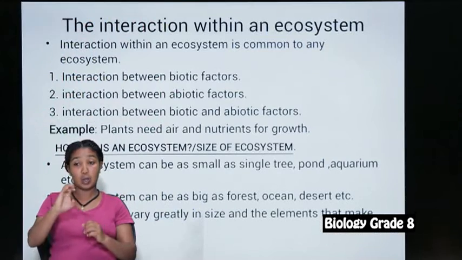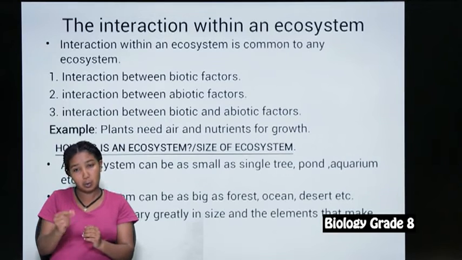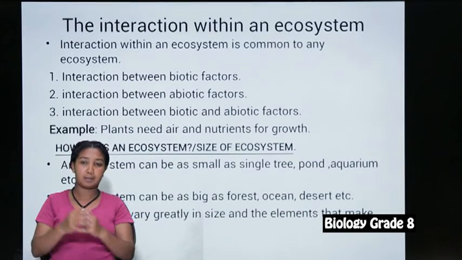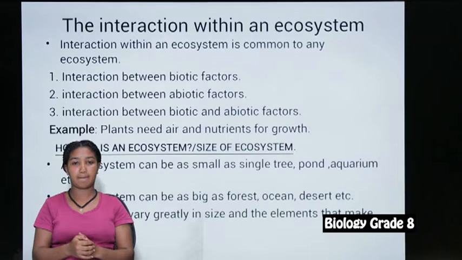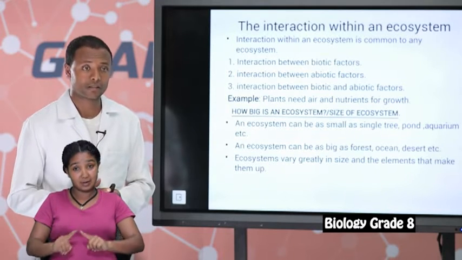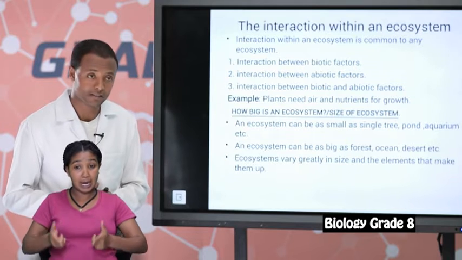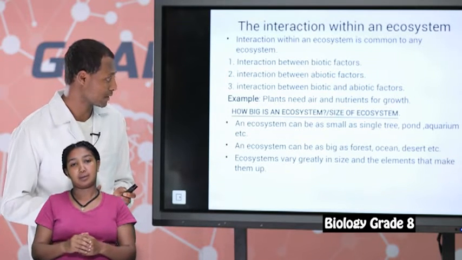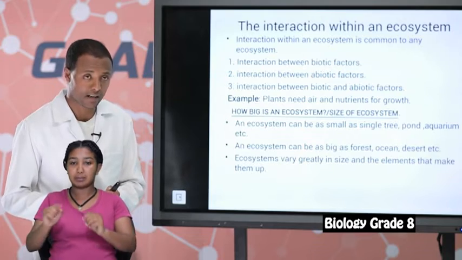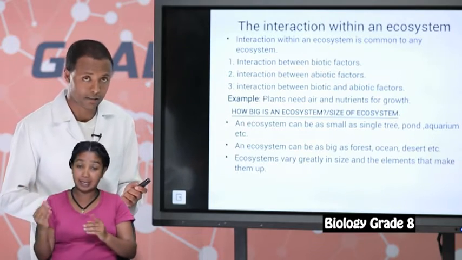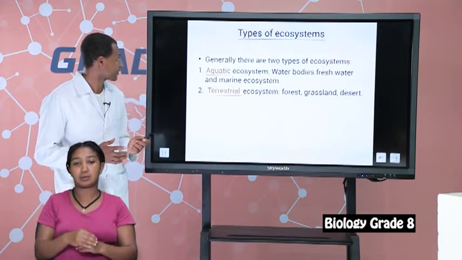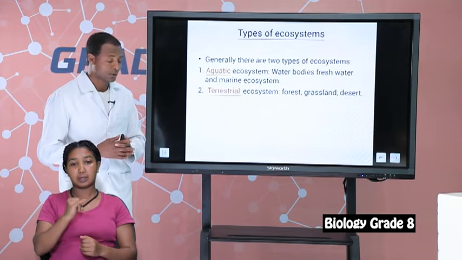So ecosystems could be small, and some ecosystems could be very big, with different content of biological life and elements. For this, ecosystems greatly differ in size and the elements that make them up. The other is types of ecosystems.